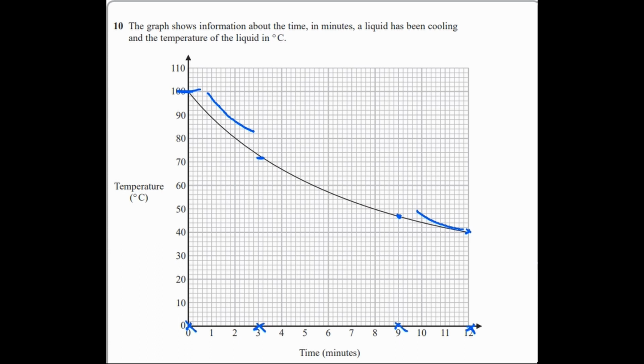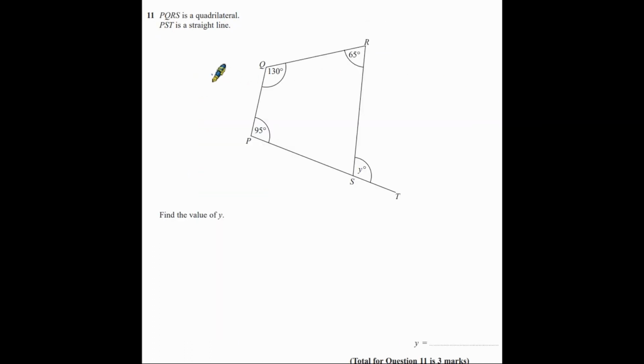Either answer is good. In question 11 we're being given a quadrilateral, PQRS pictured here, PST on the bottom is a straight line, and we're asked to find the angle at y. A couple of things we need to know about angles, and it's always a good idea to write down what you know. So firstly, angles in a quadrilateral add up to 360 degrees.